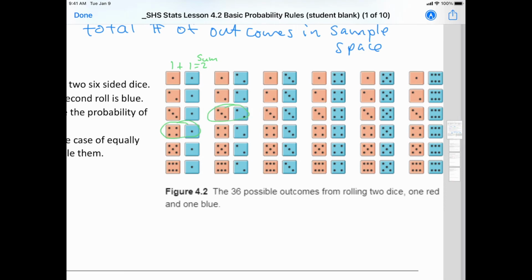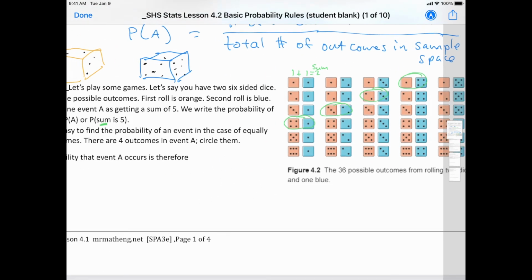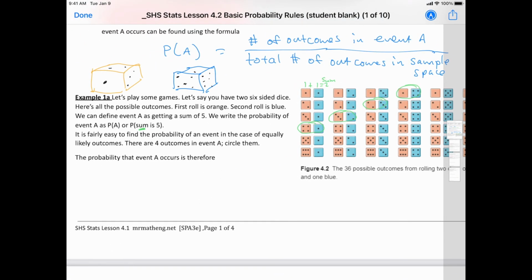Here, here, here, and here. There are how many of those? There are 4 of them. So the number of outcomes in event A, or the sum of 5, is 4. And let's switch colors here.